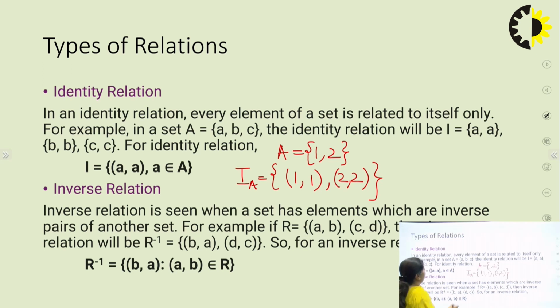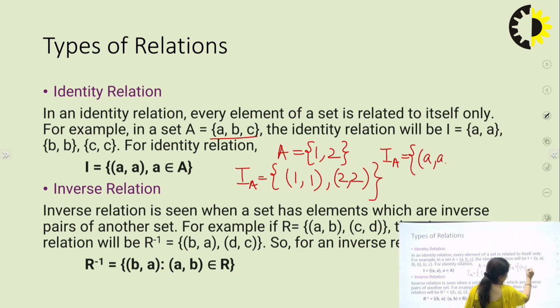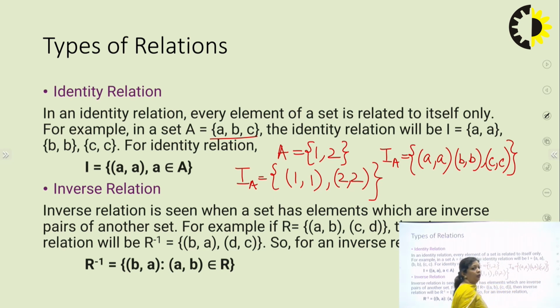Same way, if I have a set A with 3 elements a, b and c, my IA is going to contain all the diagonal elements, that is (a,a), (b,b) and (c,c). So, an identity relation is going to contain all the diagonal elements only.